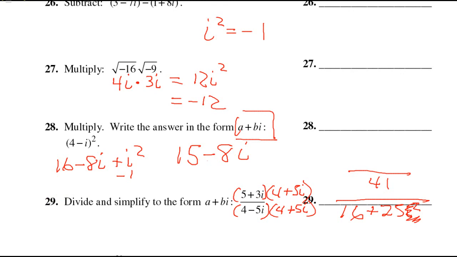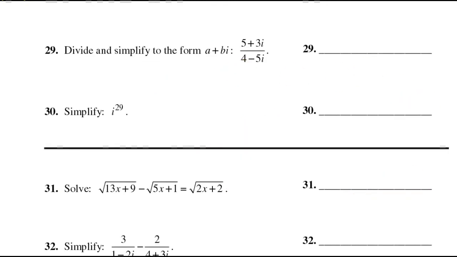Okay, the last thing, and I know you're going to have one like this on your final, it's powers of I. Well, remember, we said that anytime you have I to the 4th, that is going to be a positive 1. So how many I to the fourths do we have here?